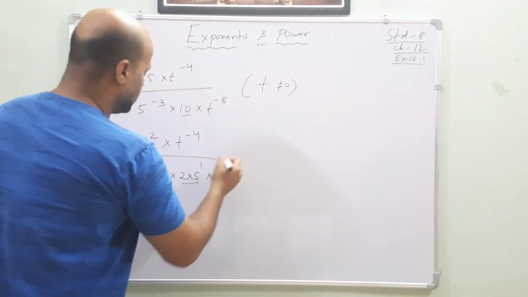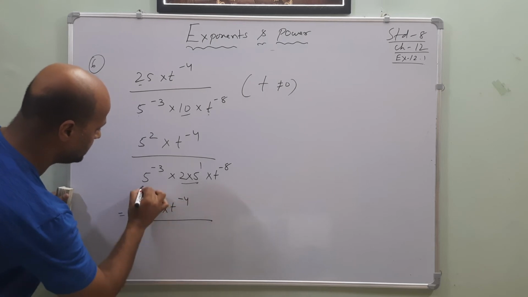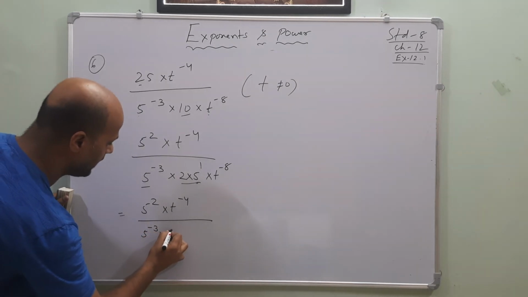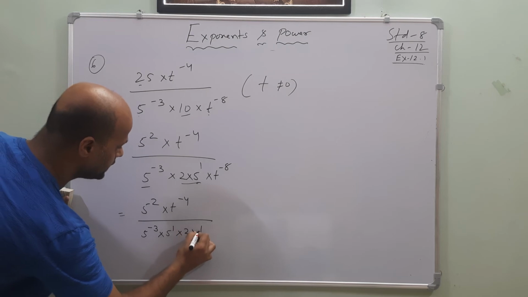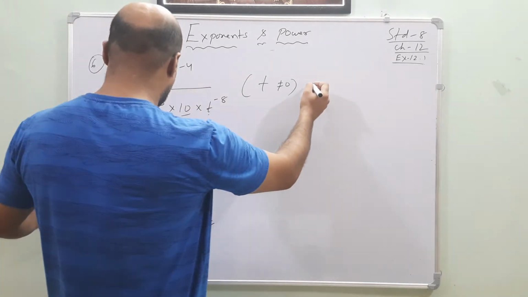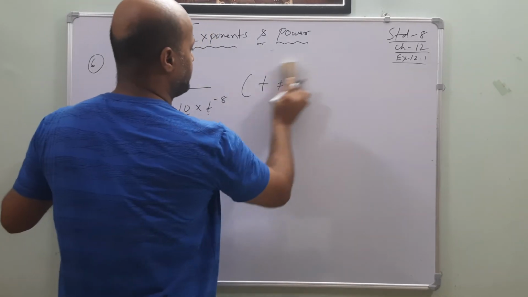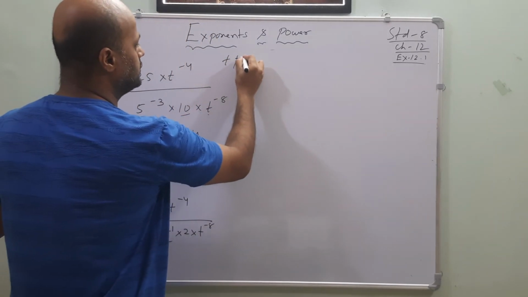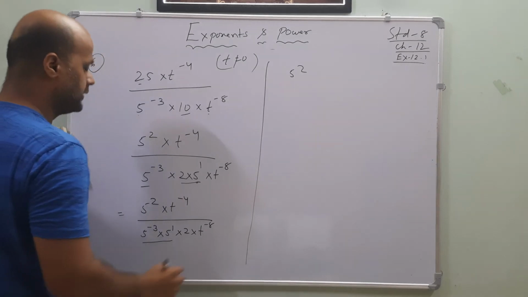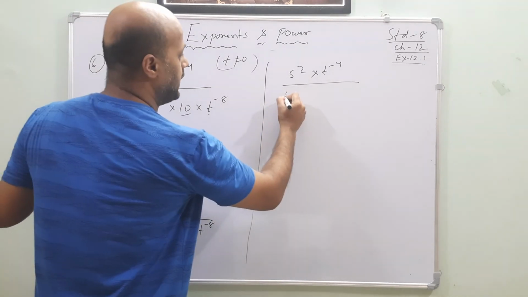Again, 5 power of 2 into t power of minus 4, divided by 5 power of minus 3, bringing the fives into one place, into 5 power of 1 into 2 into t power of minus 8. Now solve this one first. The upper part will be as it is, that is 5 power of 2 into t power of minus 4, divided by 5 power of minus 3 into 5 power of 1 into 2 into t power of minus 8. t is not equal to 0.